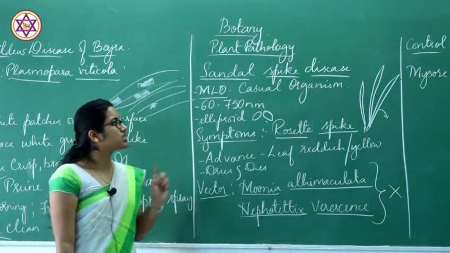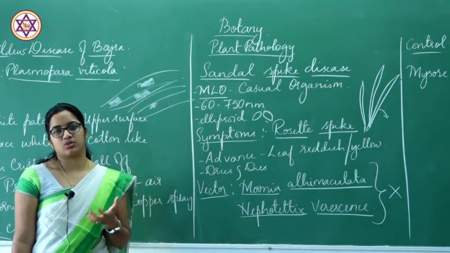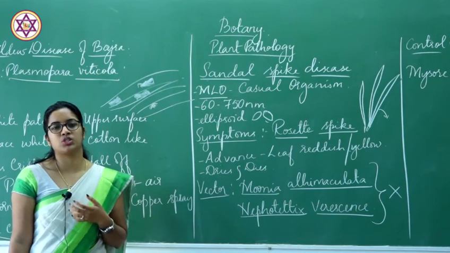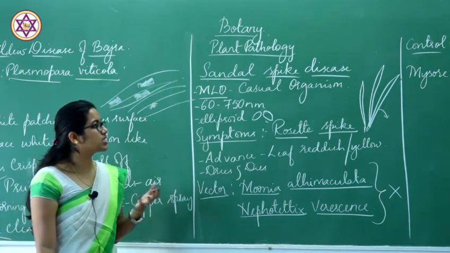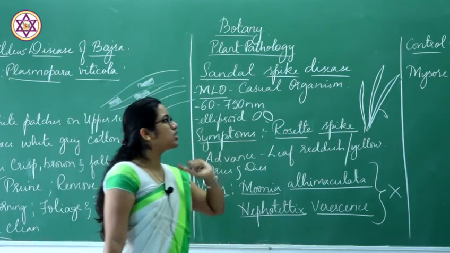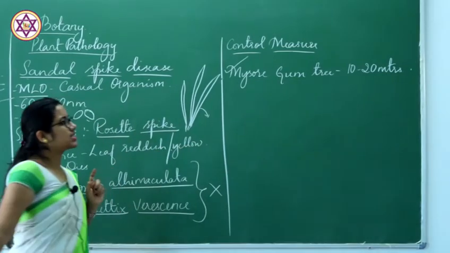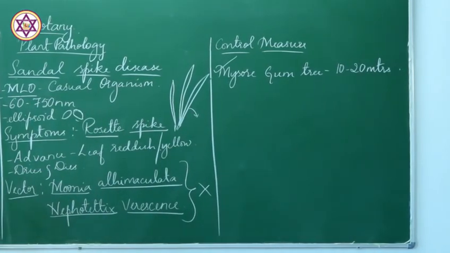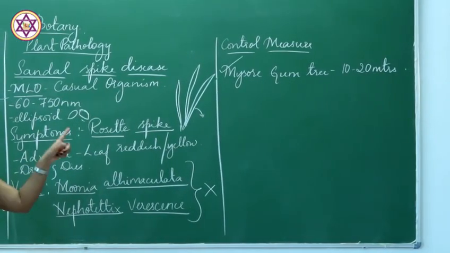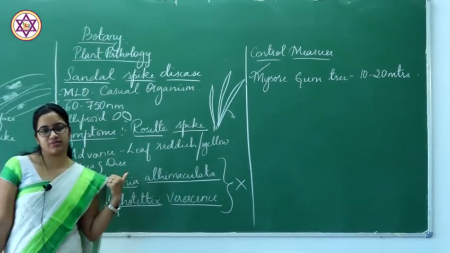The control measures are not that evident. There is not much research work done here. They have come across only one alternative, which is to grow Mysore gum tree. They say that Mysore gum tree can be grown 10 to 20 meters apart from the sandalwood trees.